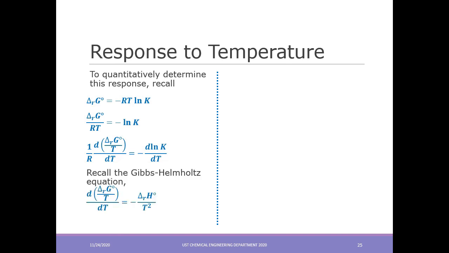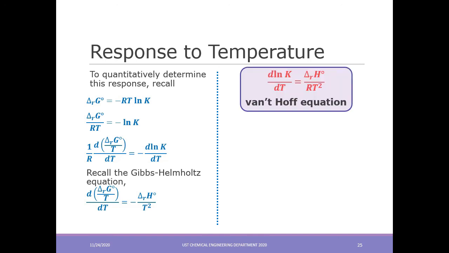Recall the Gibbs-Helmholtz equation from our past modules. Substituting this into our equation, we get the derivative of ln K with respect to temperature is equal to the standard reaction enthalpy divided by RT squared. This expression is called the Van 't Hoff equation.